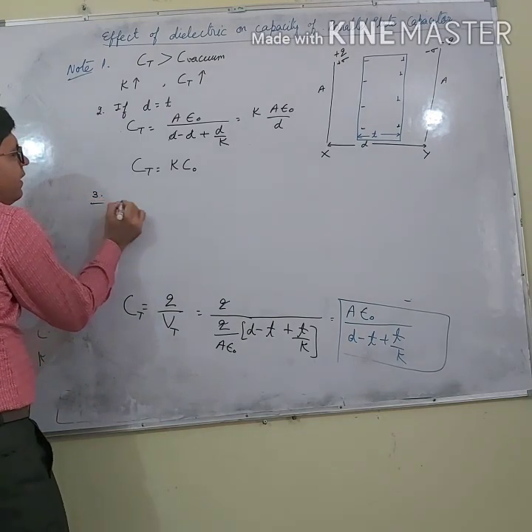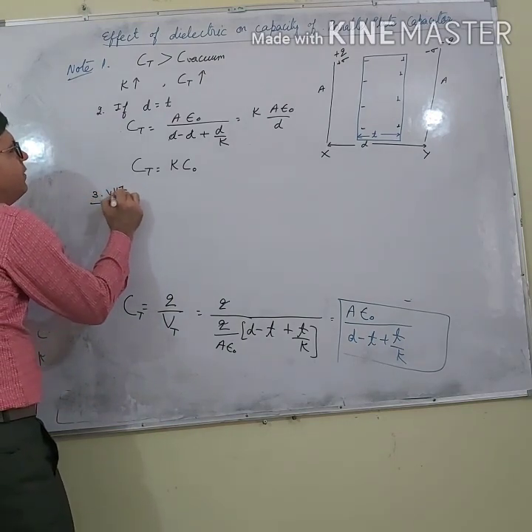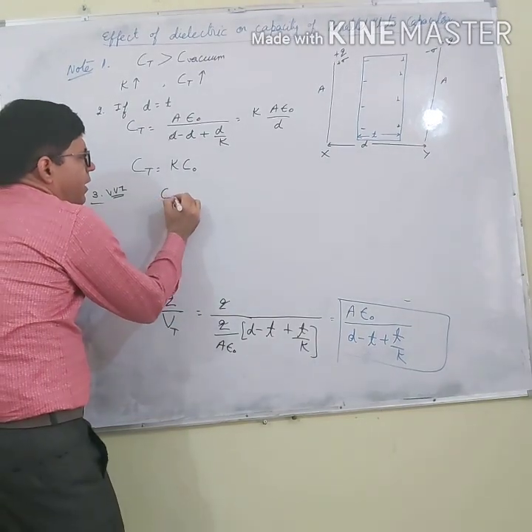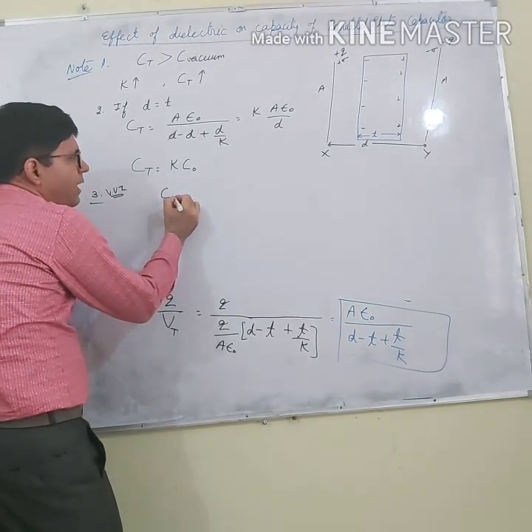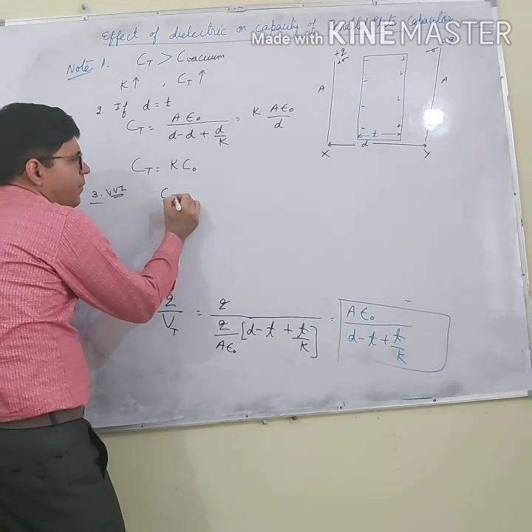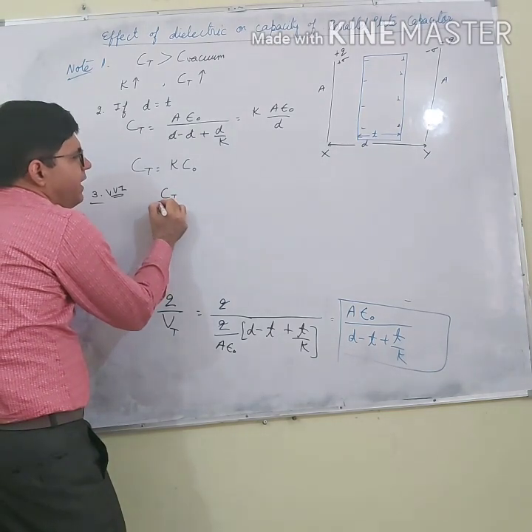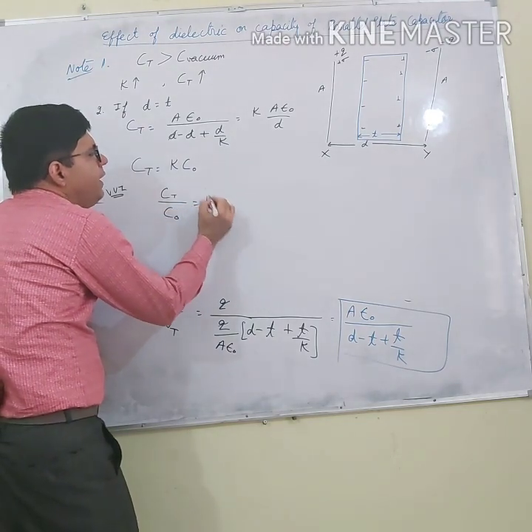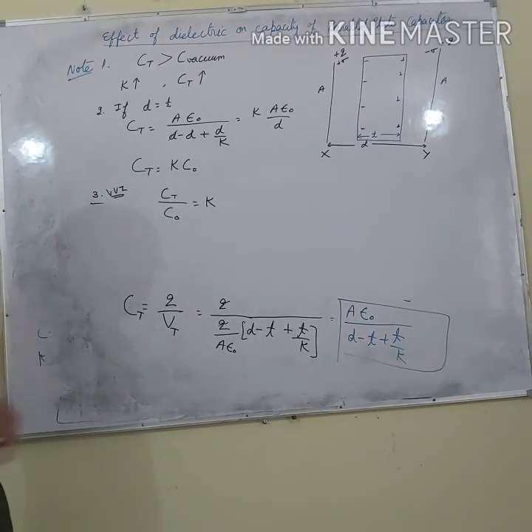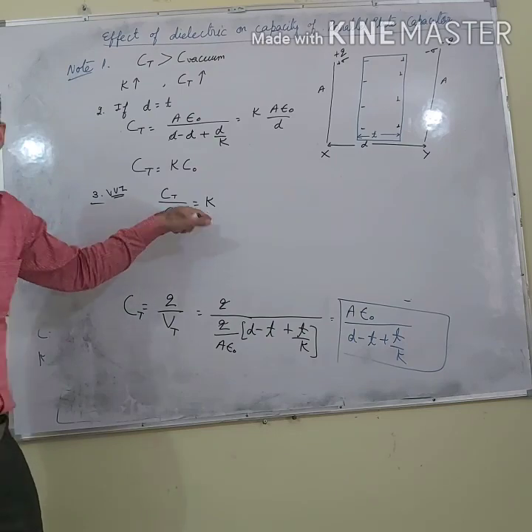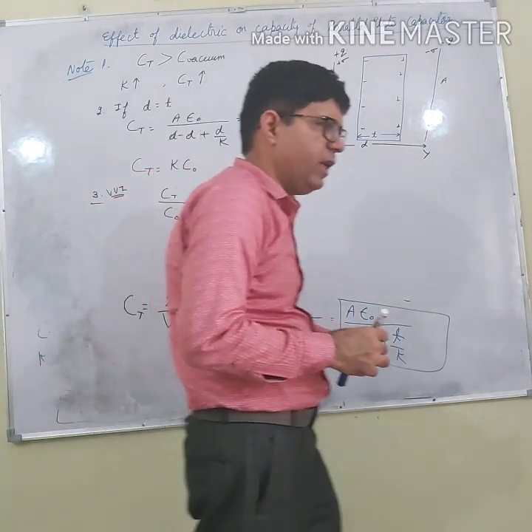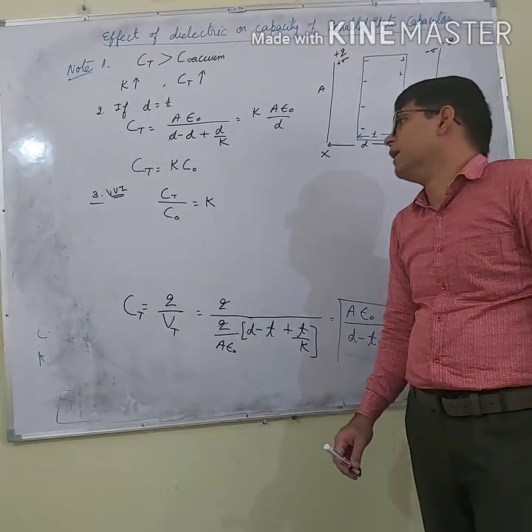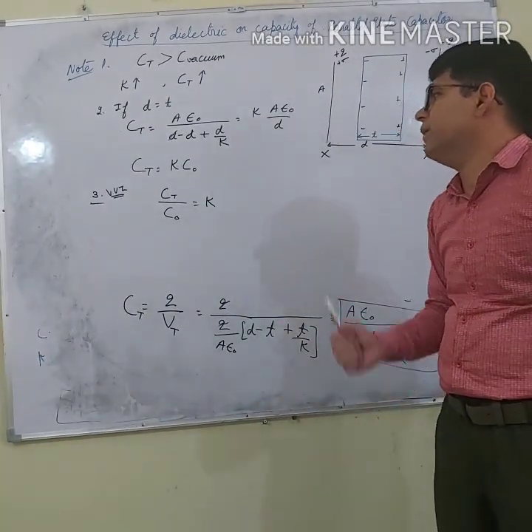Third point is very, very important. The capacity of a parallel plate capacitor in the presence of dielectric divided by C naught becomes equal to K. What is K? K is the dielectric constant. Sometimes a question comes: define dielectric constant in terms of the capacity.